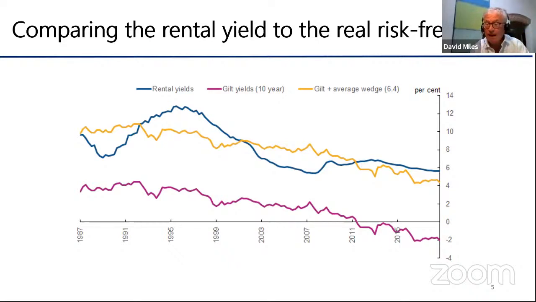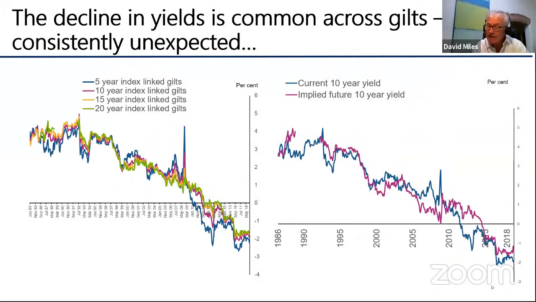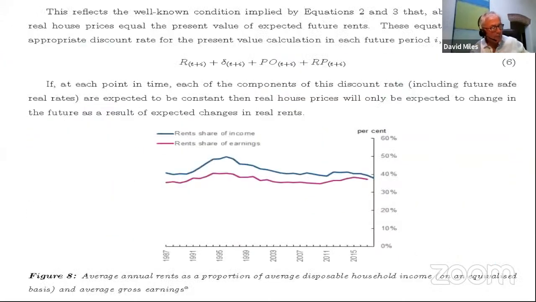Rents themselves, however, the absolute level of rents, tend to keep pretty much in line with average incomes. So this picture here, in a sense, is the final bit of the story. It shows average rents paid in the UK as a percentage of average incomes, either household incomes or the average single salary. And that's a very boring line.